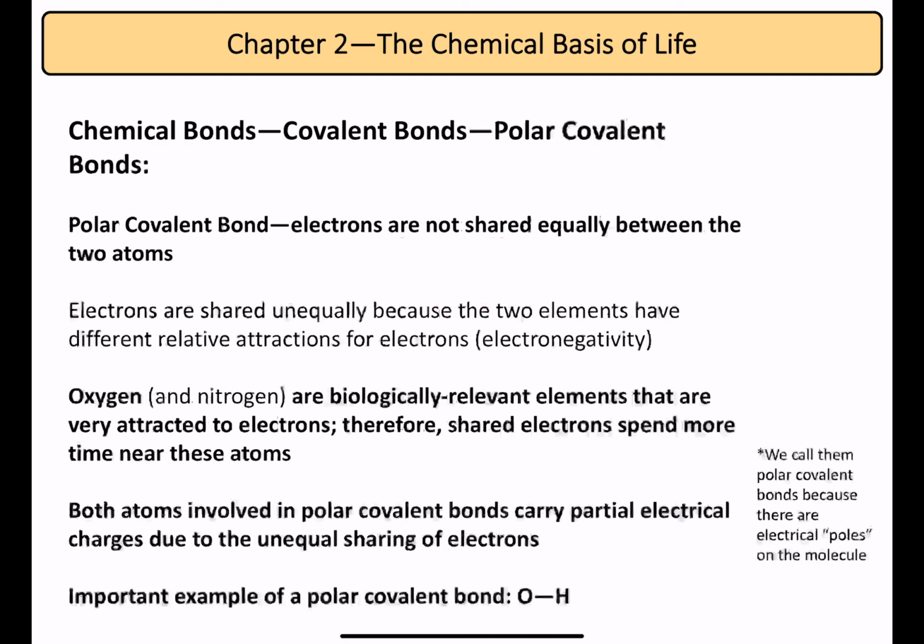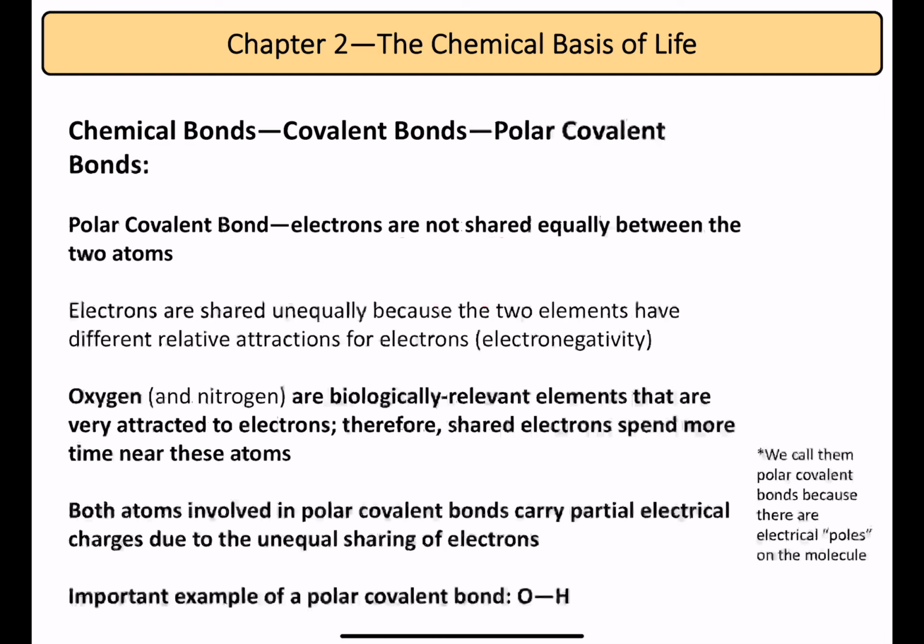The reason that there are two different types of covalent bonds is because two atoms participating in a covalent bond do not always share their valence electrons equally. There are some cases where one of the atoms in the bond has a higher affinity for electrons, meaning it likes electrons a lot more than the other atom. So it's kind of like a tug of war. They're trying to share this pair of electrons.